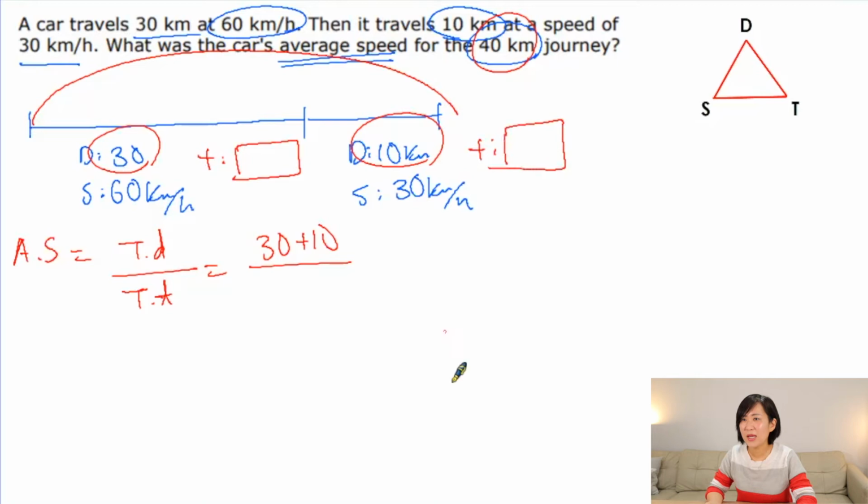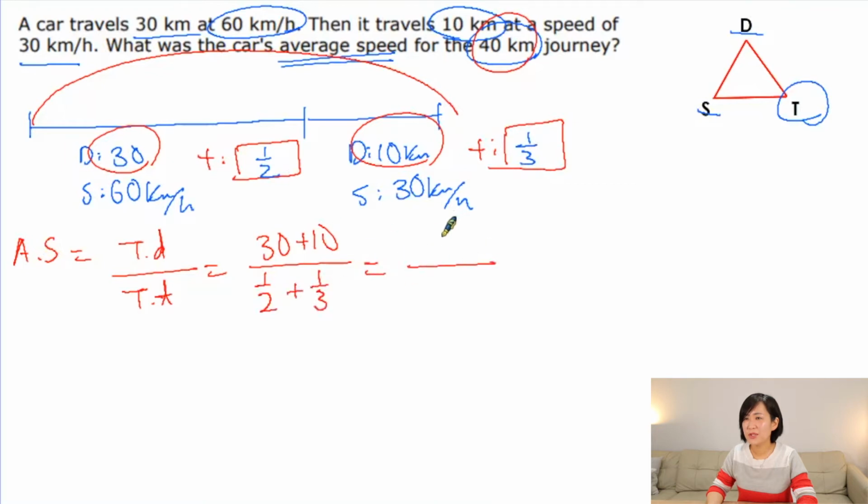Now, let's calculate the time. How can you calculate time? Remember your speed triangle. Time is distance divided by speed. For the first section, that is distance divided by speed: 30 divided by 60 is a half. Then the next one is a third. So we need to add a half and a third.